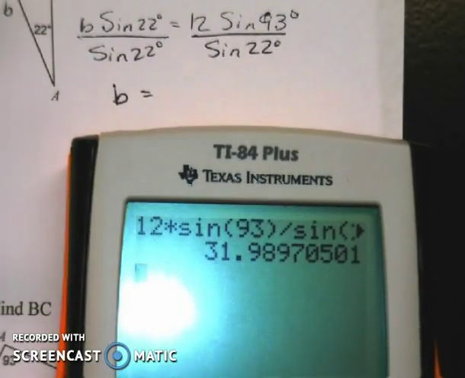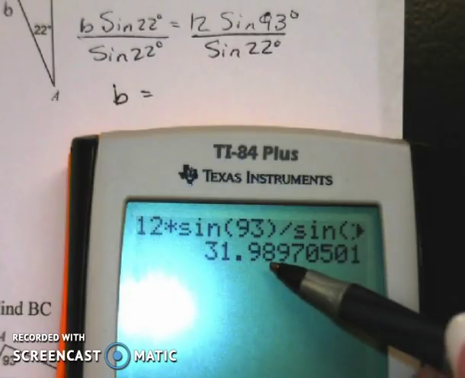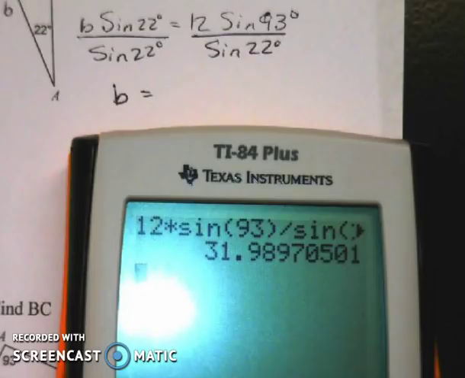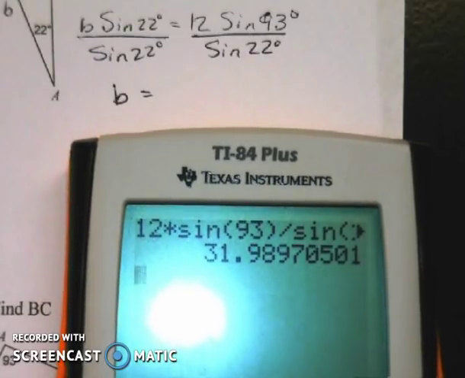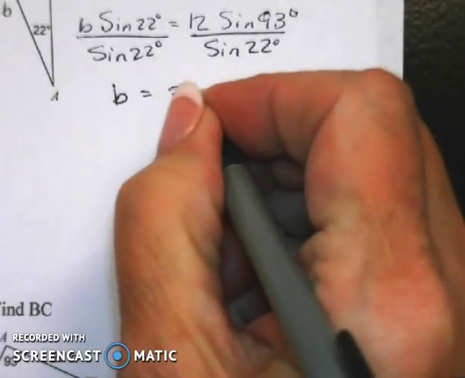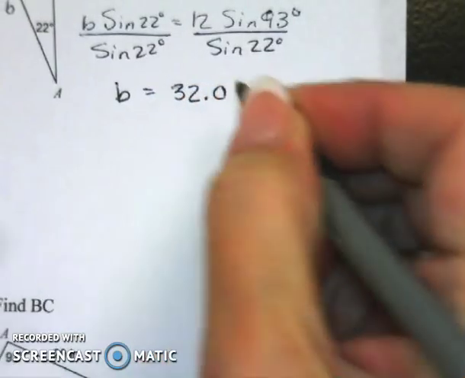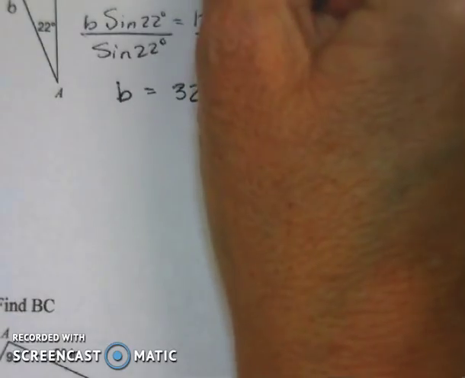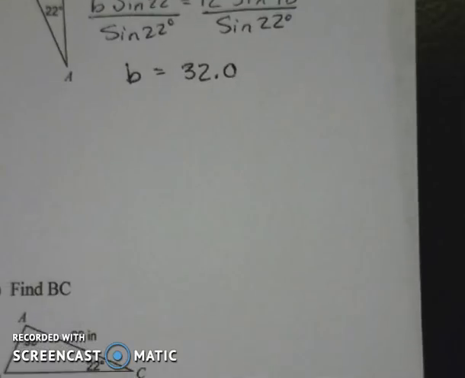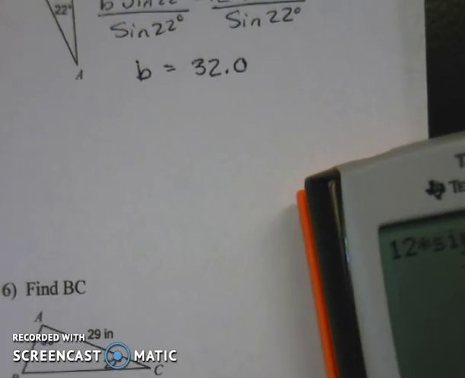Now, I'm going to round this to the nearest tenth, 1 decimal place. So the 8 tells the 9 to go up, so that's going to go up from 31.98 to 32.0. Okay, so all of these were actually 0.0 because they all had those values in them. And that's finding a side.